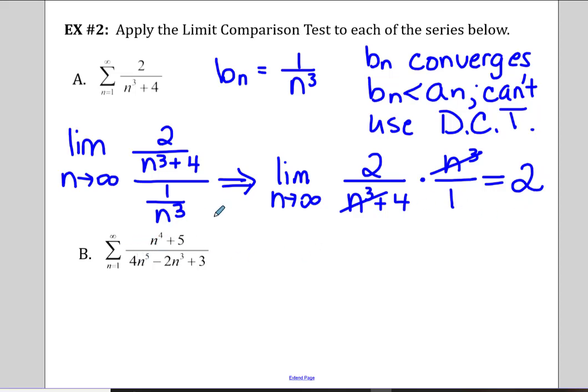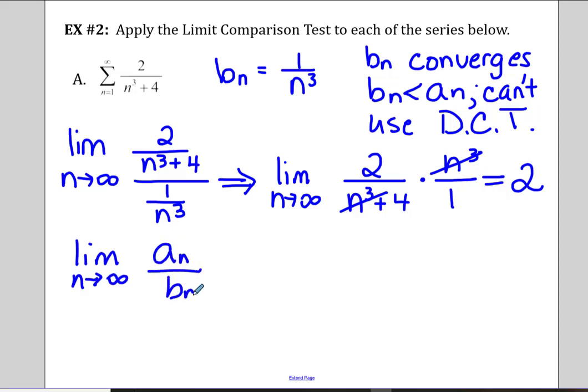So b sub n, we know b sub n is a convergent p-series because our power is 3. It's greater than 1. That tells us, let me get a little more room to write here. If I just rewrite this, we know that the limit as n approaches infinity of a sub n over b sub n is 2. And 2 is between 0 and infinity. So it's positive. The limit is positive, and it's finite since the limit is 2.